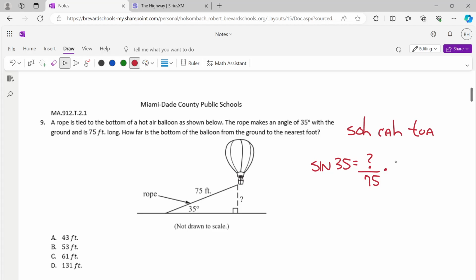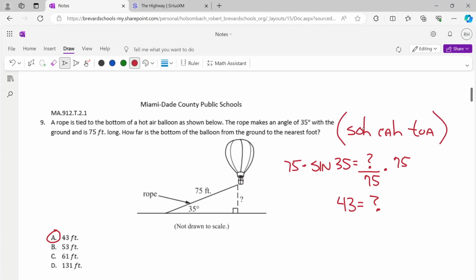Can multiply both sides by 75. So 75 times sine 35 equals 43 feet. So 43 is equal to our question mark, and that's answer choice A. When you see a sine, cosine, tangent problem, make sure you write this down on your worksheet.